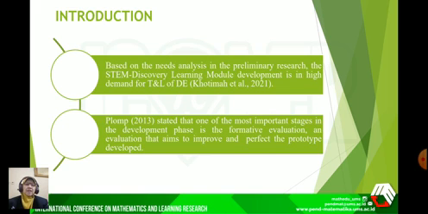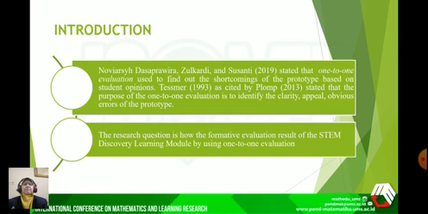Plomp (2013) states that one of the most important stages in the development phase is the formative evaluation, an evaluation that aims to improve and perfect the prototype developed. Dasa Prawira, Zulkardi, and Susanti state that one-to-one evaluation is used to find out the shortcomings of the prototype based on student opinions.